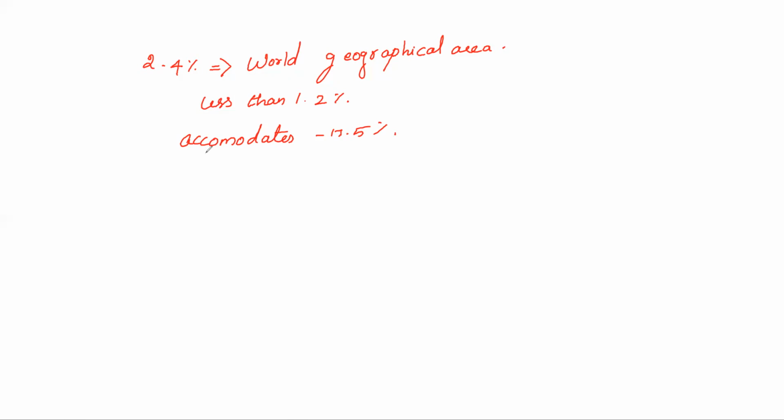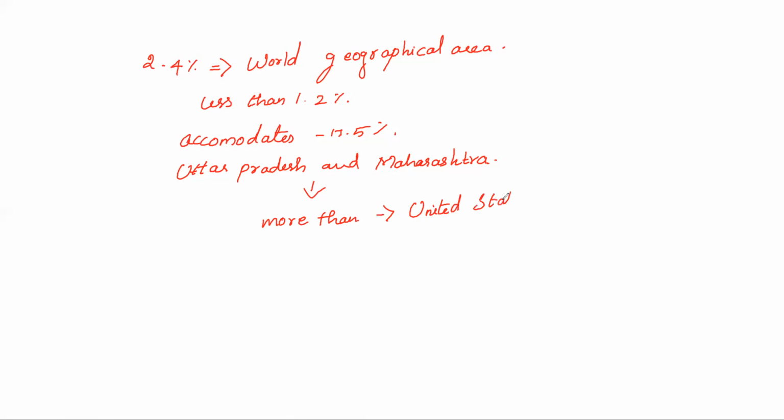Then, in fact, the combined population of just two states, namely Uttar Pradesh and Maharashtra, is more than the population of the United States of America, the third most populous country in the world.